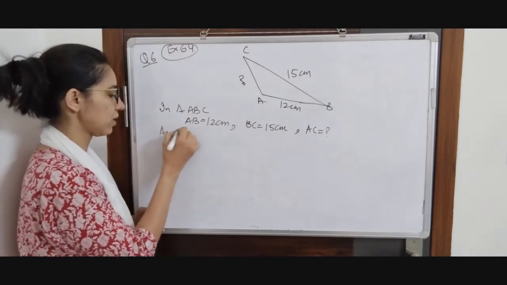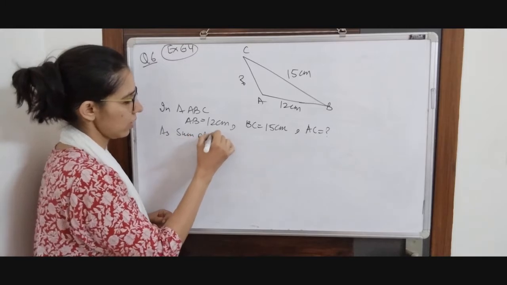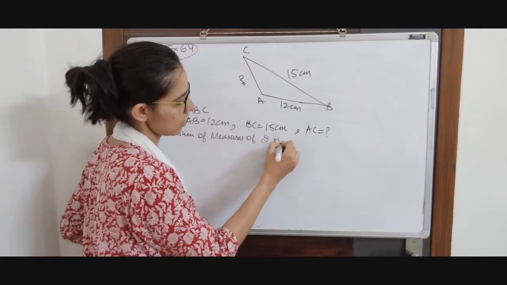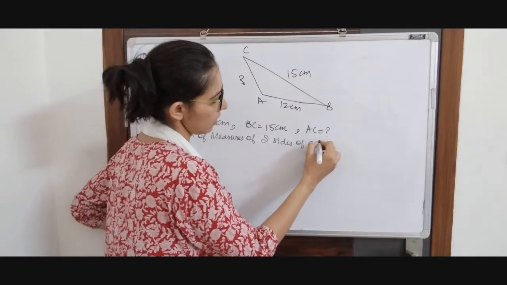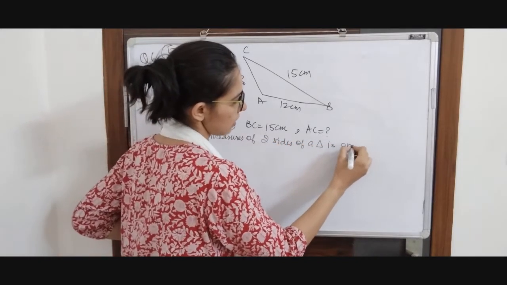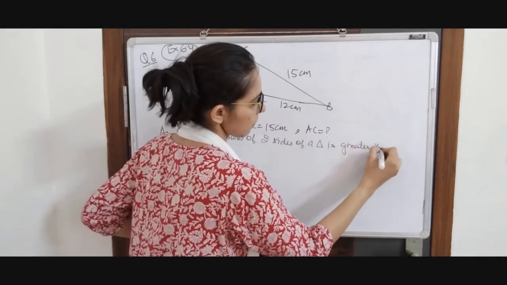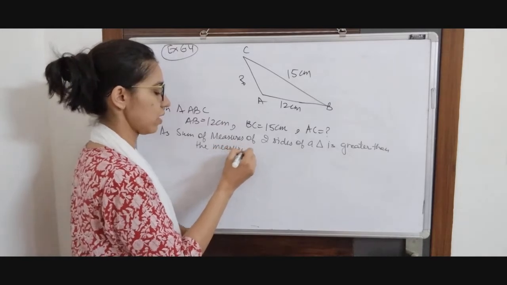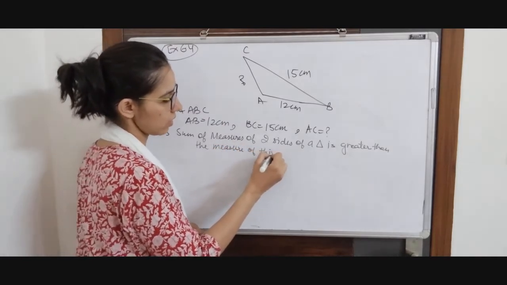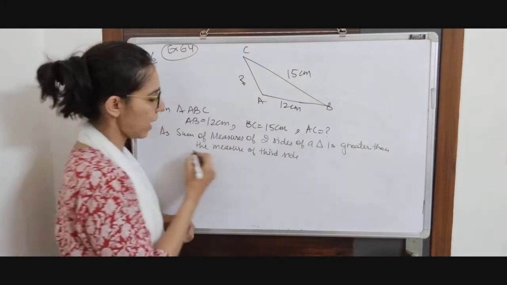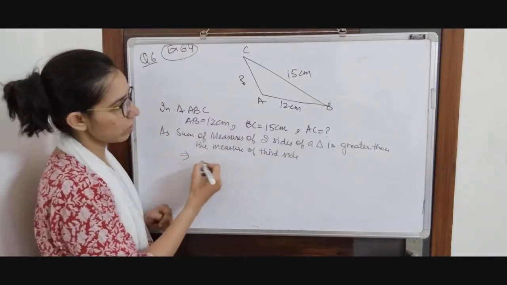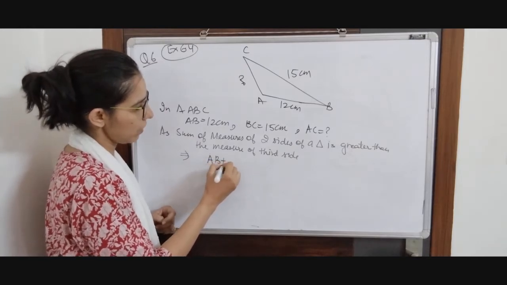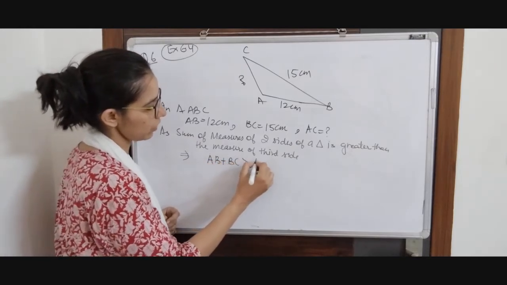Now, as the sum of measures of 2 sides of a triangle is greater than the measure of the third side, it will imply that AB plus BC is going to be greater than your AC.